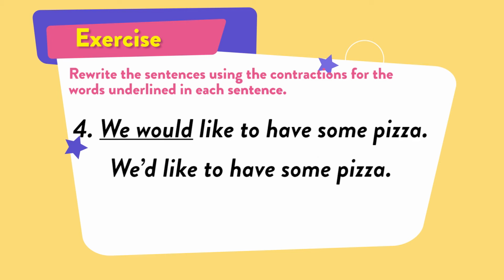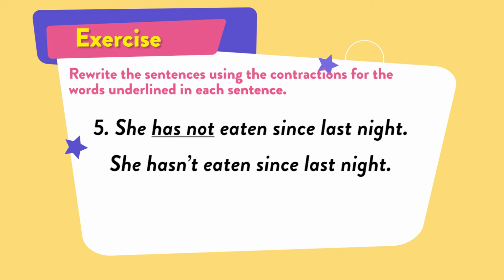Number 4, we would. What contraction did you write for we would? Now for the word would, it's one of the words that we take away most of the letters. So we would becomes we'd. We'd like to have some pizza. And the final one, has not. What is the contraction for the words has not?